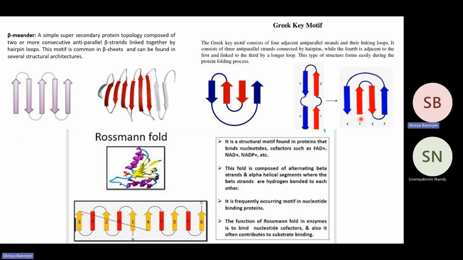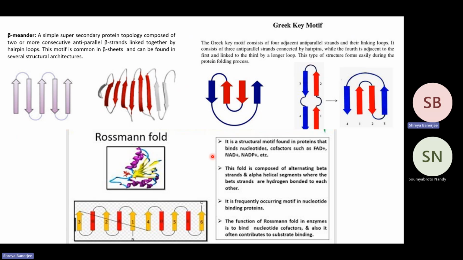These are both consisting of antiparallel beta sheets, but in one, the chain runs from one end to the other. And in another, the chain kind of begins from the middle and folds over and ends here. And you can have more complicated structures.